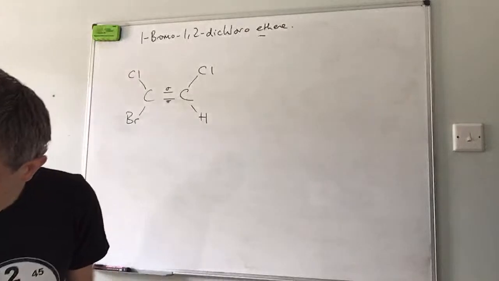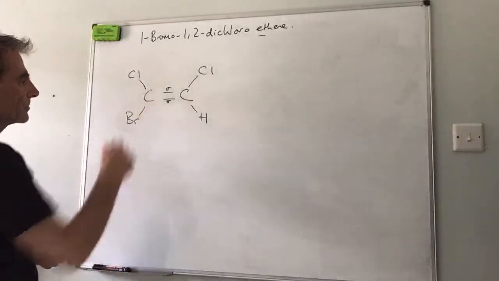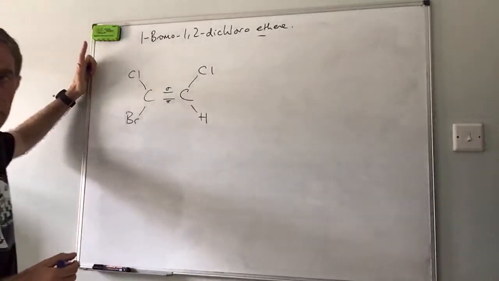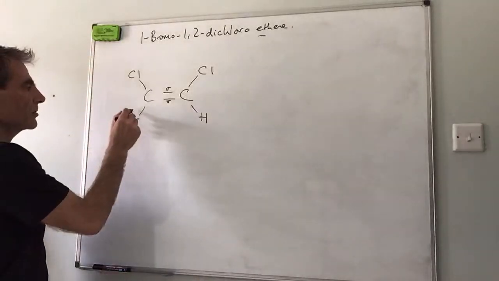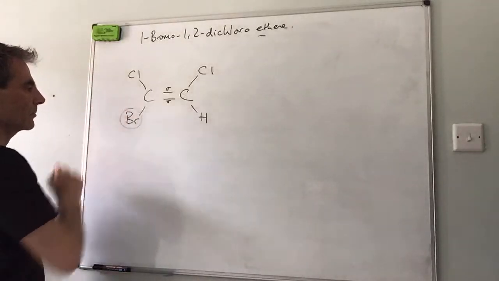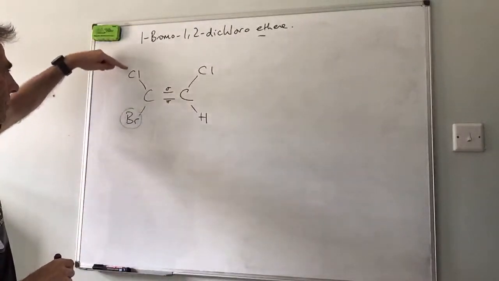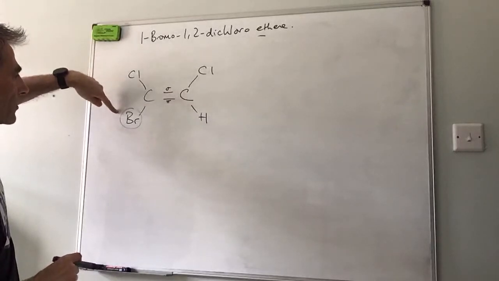Okay, let's break this down then. Let's go to this carbon. That's different to that. So what's got the highest atomic number? Bromine. So let's put a circle around that. So that's got priority on that carbon there, okay? Because that's got a high atomic number.